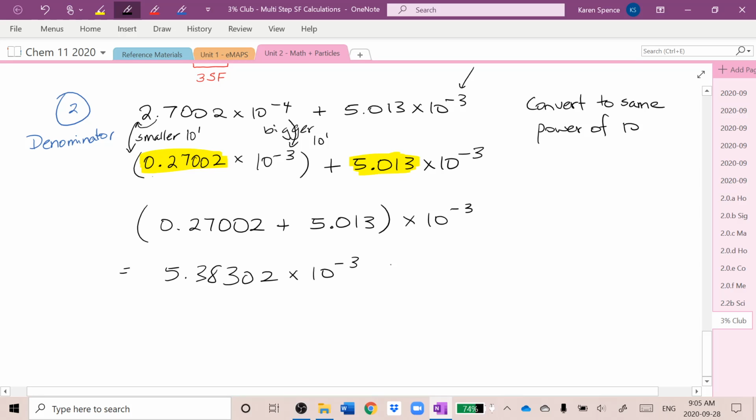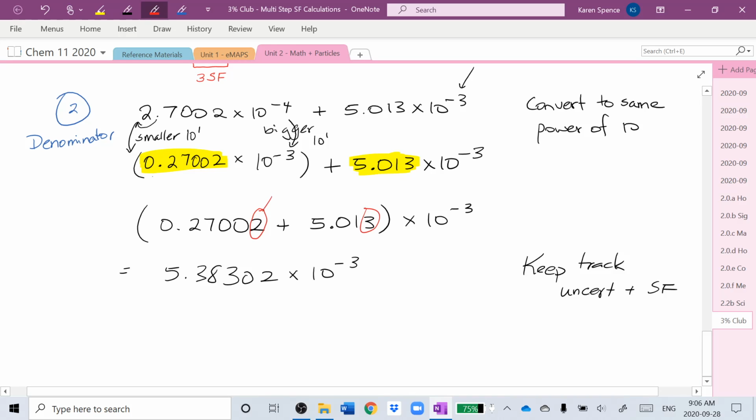Okay. And are we going to round at this point? Are we going to round off? No, we're not going to. But what do we have to do? We have to keep track of the uncertain digit and the sig figs. So in this case, our uncertain digit is the 2 and the 3.